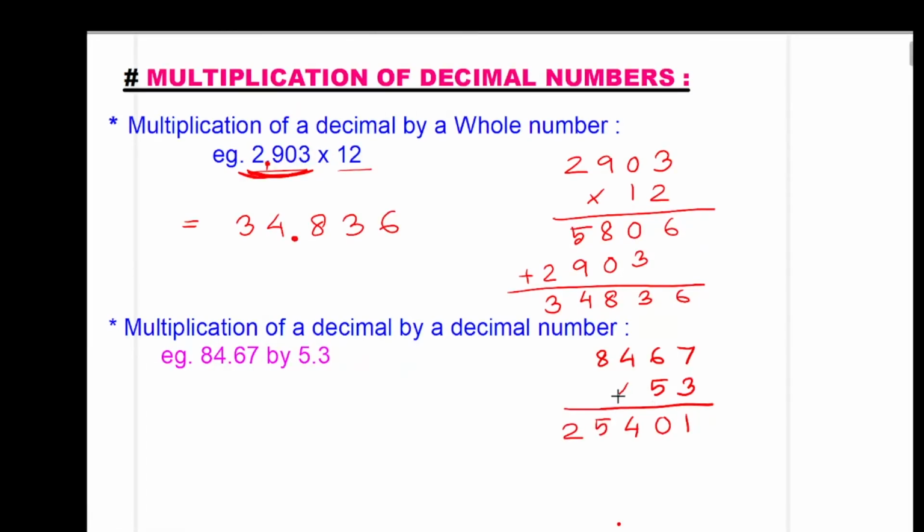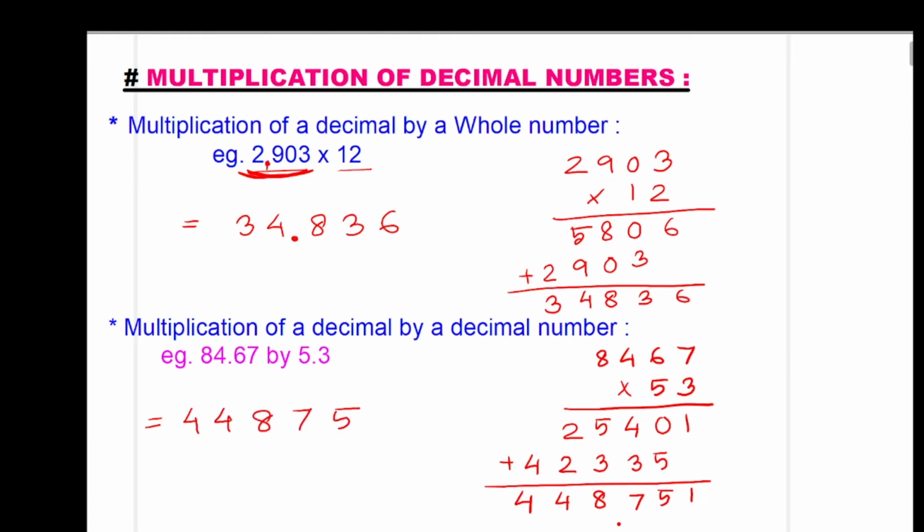Okay, then 5 3 3 2 4. Then what will you get? 157844. What answer will we get? 448751.